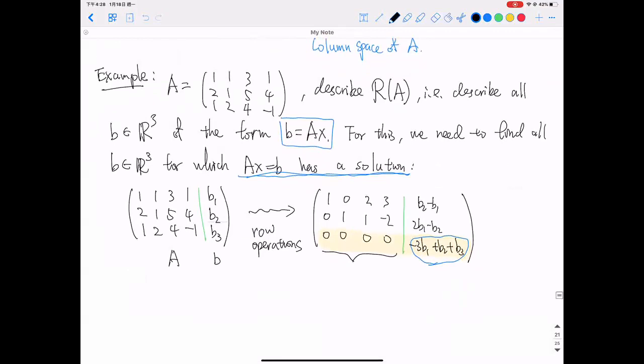So the system Ax equals b has a solution if and only if this last entry, minus 3 b1 plus b2 plus b3, is equal to 0. If it's 0, then you have a zero row and that's no problem. If it's not 0, then you can turn it into a 1 and you get an inconsistent equation.